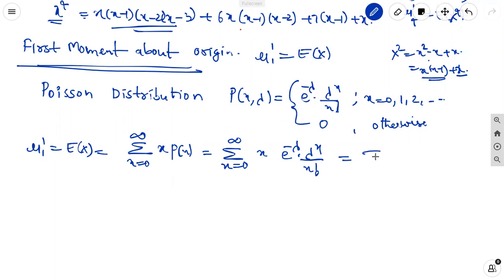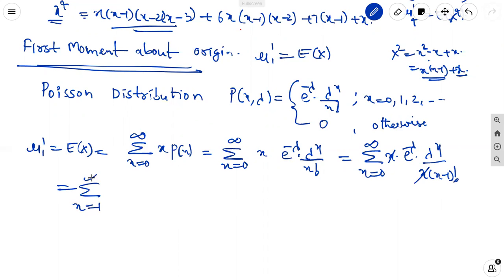It is equal to summation x equal to 0 to infinity x into e power minus lambda into lambda power x by x factorial, which can be written as x into x minus 1 factorial. X gets cancelled here. The x value starts from 1 to infinity, e power minus lambda into lambda power x by x minus 1 factorial.